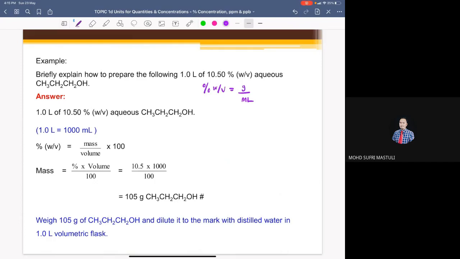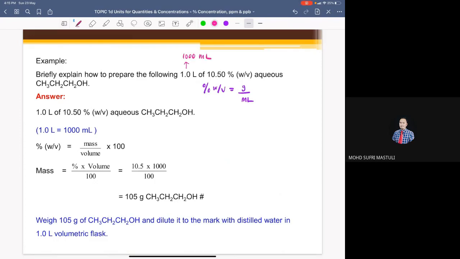The volume in this case is 1 liter, which is similar to 1000 ml.